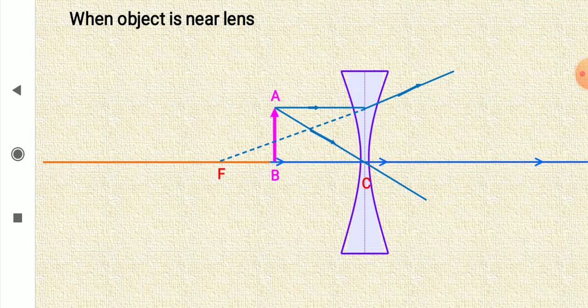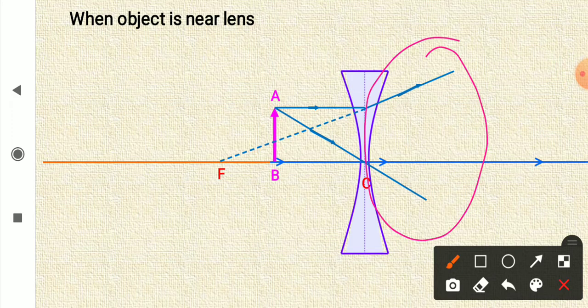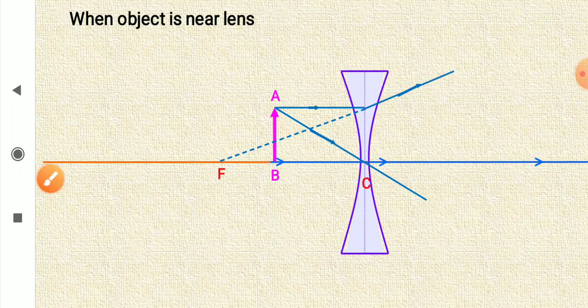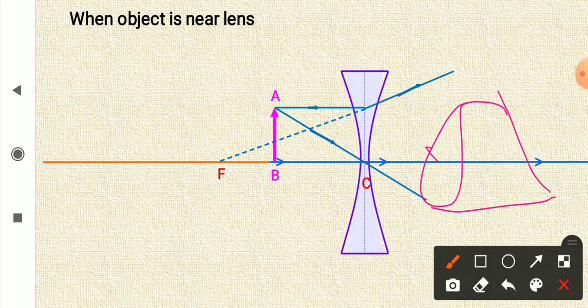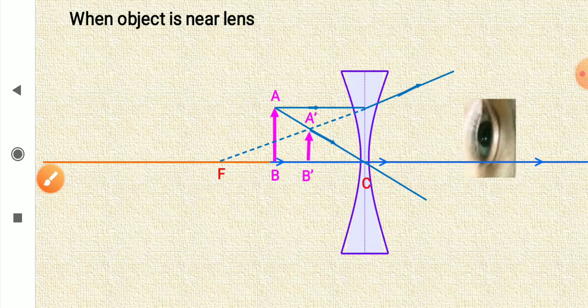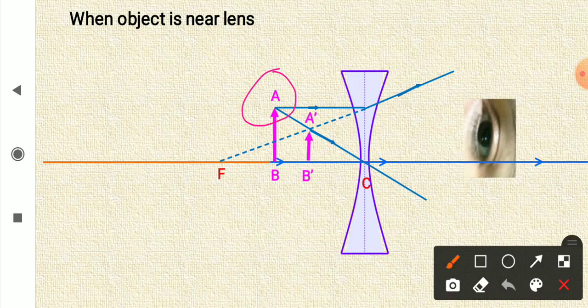On this side the rays cannot meet. They are all diverging rays. But if your eyes are here, you can feel that this ray and this ray are coming from this point. So a virtual image will be formed here. The rays starting from the head are this one and this one, so the head is formed here, and the ray starting from the tail is this one, so the tail is formed here.